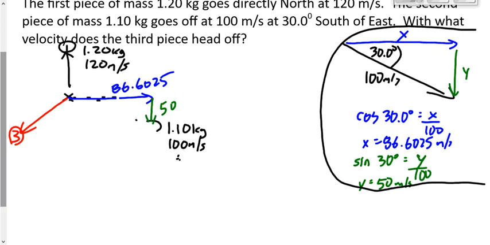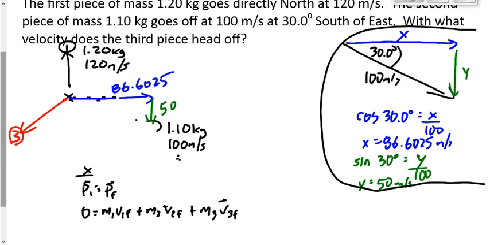Now we got to do X and Y components. Now we just go back to doing what we did for all those other questions. The initial momentum is 0. The final momentum is m1 v1f plus m2 v2f, plus m3 v3f, because there's 3 objects.